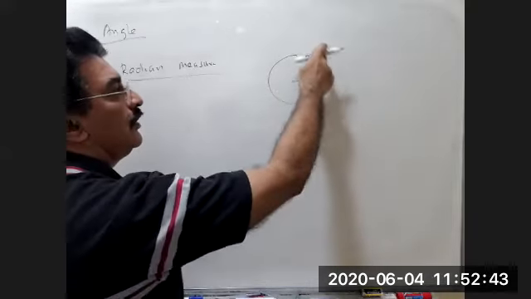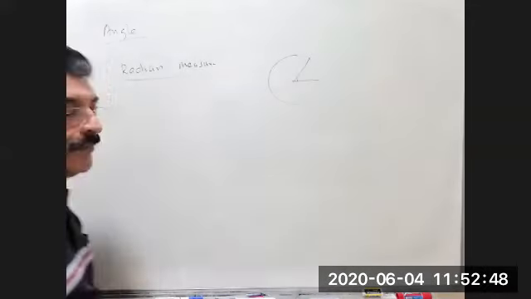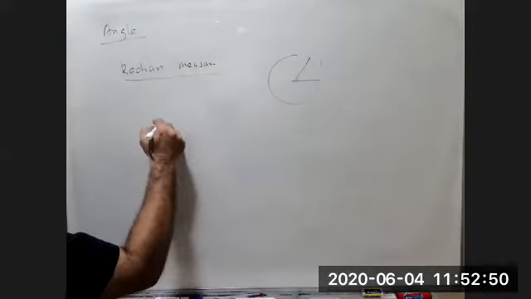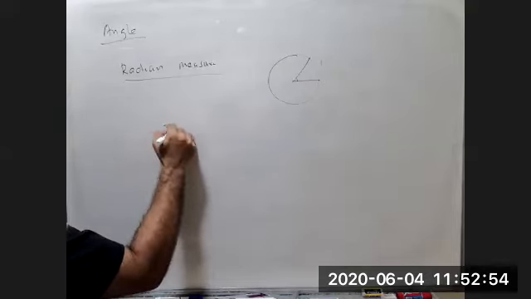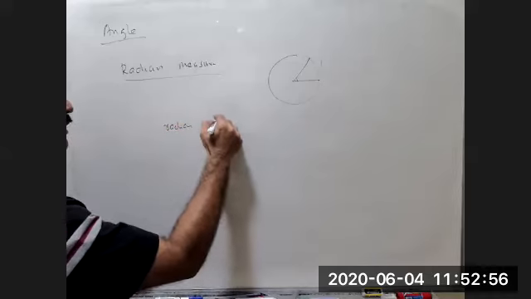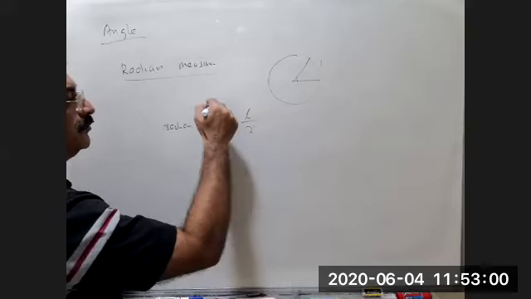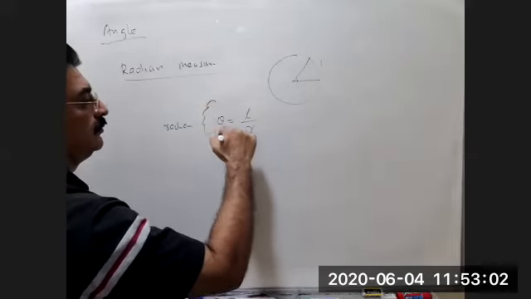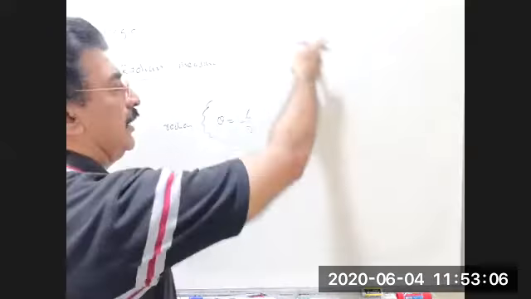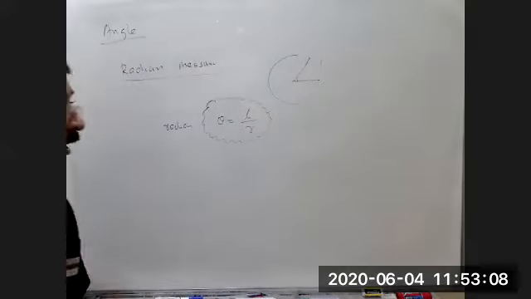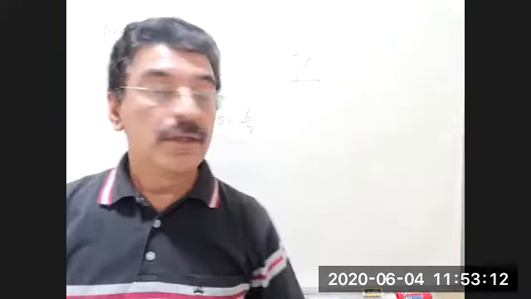So this length divided by this radius. Therefore theta is equal to L by R. That means the length of the arc divided by the radius will give that theta.